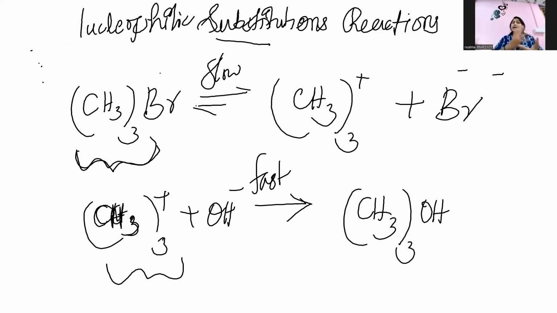In the first step, the halogen completely goes out, resulting in the formation of a carbocation. Why are we taking a tertiary halide? Tertiary carbocations are very stable compared to primary, secondary and methyl. So we take a tertiary halide for conducting SN1 reactions.